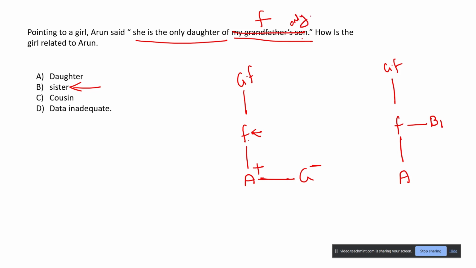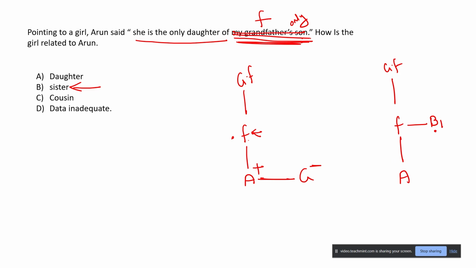If he is saying my grandfather's only son, then you can say that guy is Arun's father. But he is just saying my grandfather's son. That means that son can be Arun's father, or there is a chance he can be also Arun's uncle.